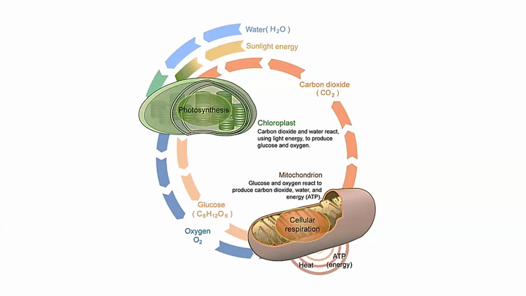So the difference is we have to eat the food and then we burn it. Plants make their own food with the chloroplast and then they burn the food for energy. Okay? The sunlight doesn't give them energy. The sunlight gives them food. And then their mitochondria will burn the food and make energy from that. Okay?